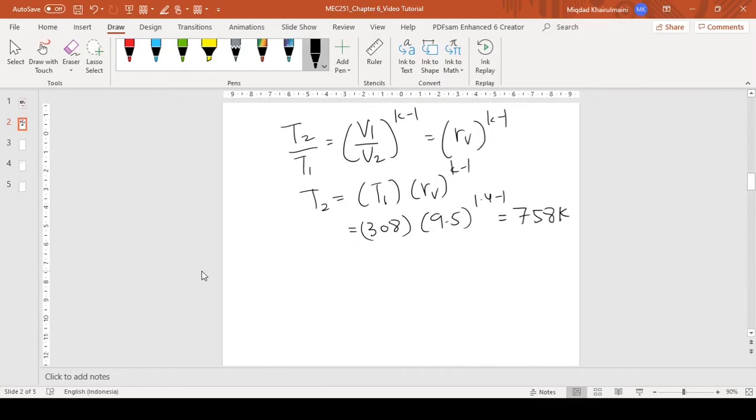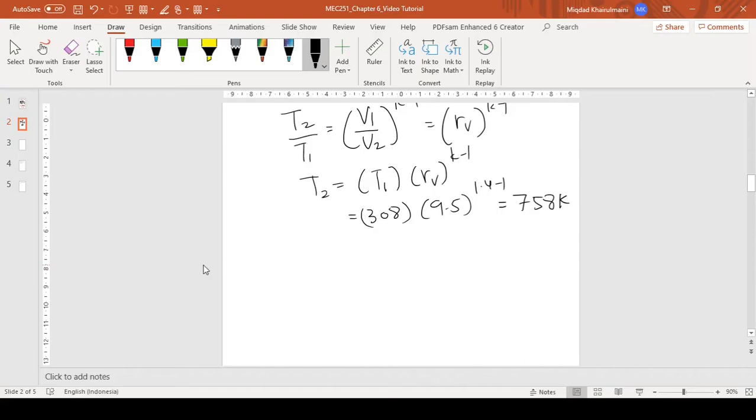Next is to calculate the pressure. Try to calculate the temperature and also the pressure at each state. For pressure, we can use the isentropic relationship equation, P2 over P1 equals V1 over V2 to the power of k.